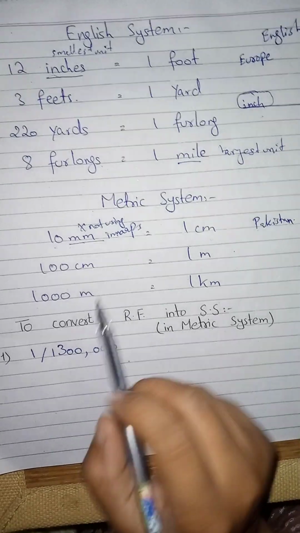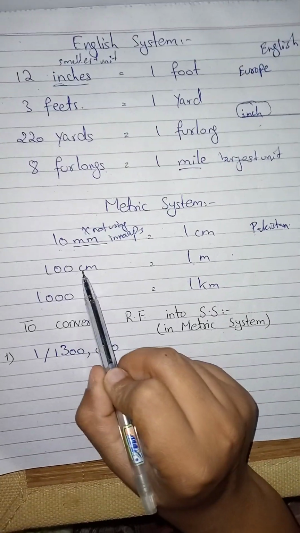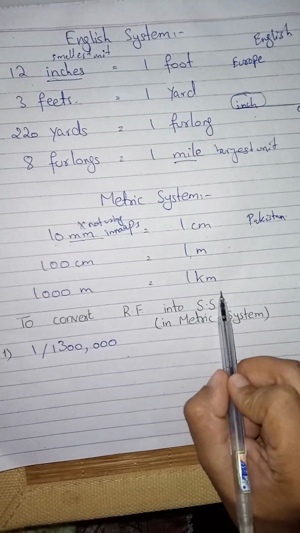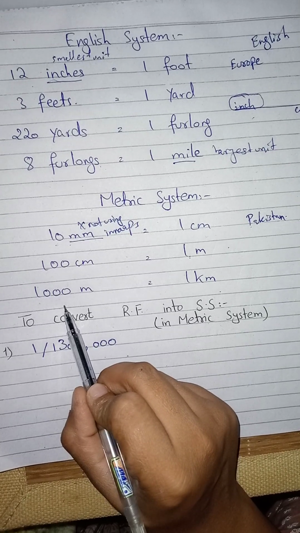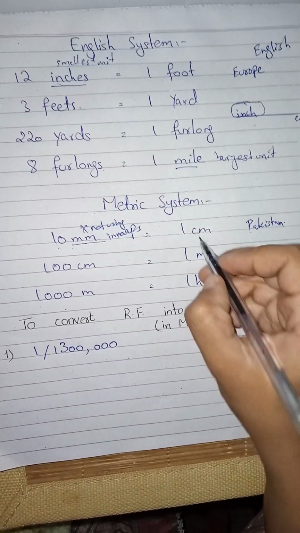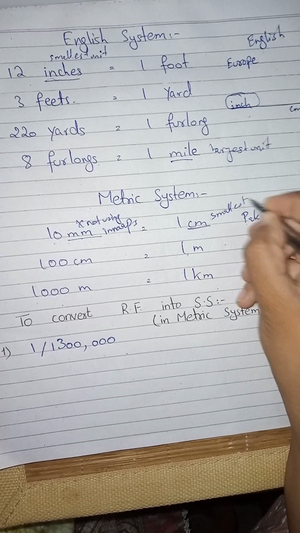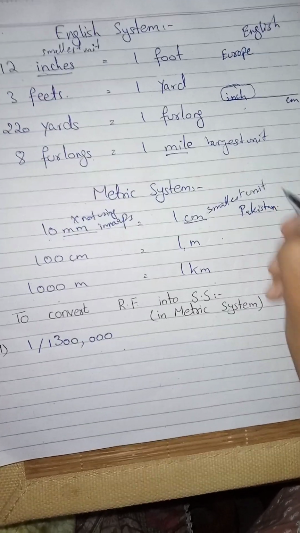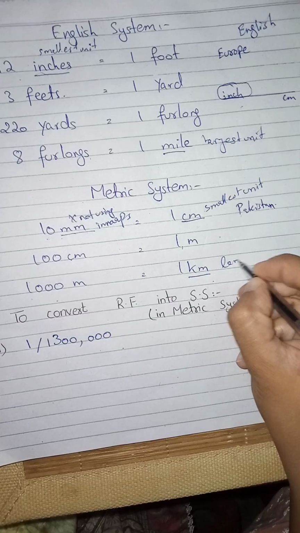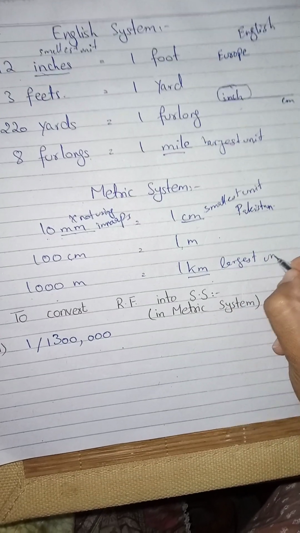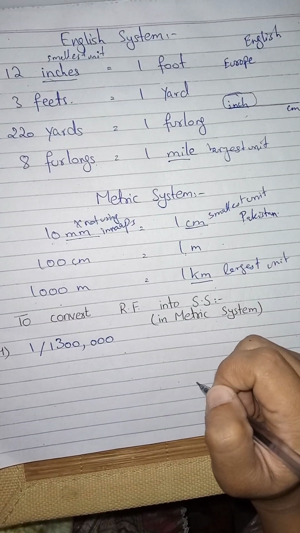What we use is that 1 meter equals 100 centimeters, and 1 kilometer equals 1000 meters. In it, the centimeter is the smallest unit and the kilometer is the largest unit in the metric system.